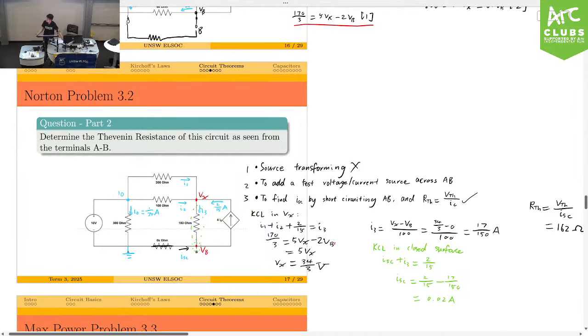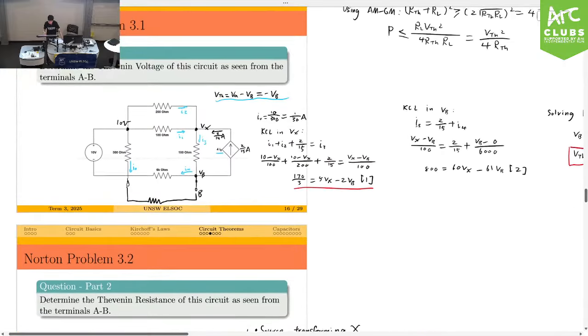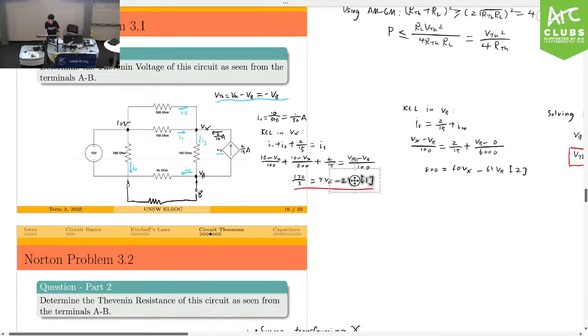How did you get Vx? Okay, so if you look at our node in Vx, you see I1, I2, and 2 on 15 are entering the node, and I3 is leaving it. Current entering a node equals current leaving a node. We have this, and this is the same expression as this.